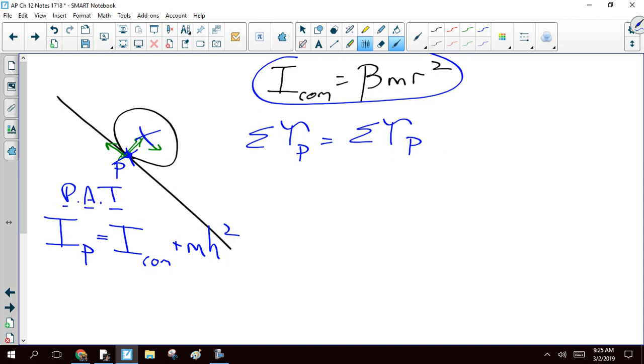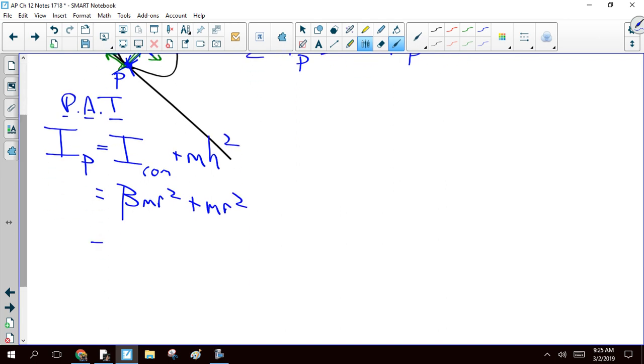Here, h is the distance that you moved your pivot point, and we moved it from the center to the edge. So here, h is just r, right? So this is beta mr squared plus mr squared. Holy beans. I just said holy beans. That's 1 plus beta times mr squared, right? So that's the rotational inertia about the contact point.